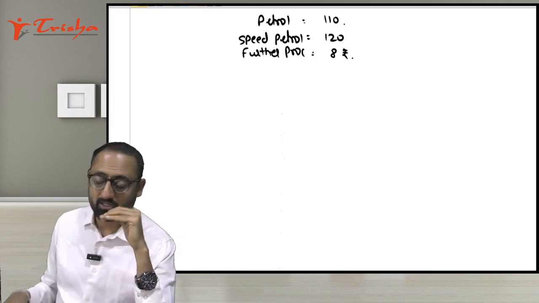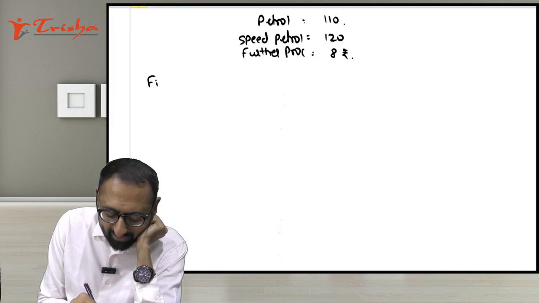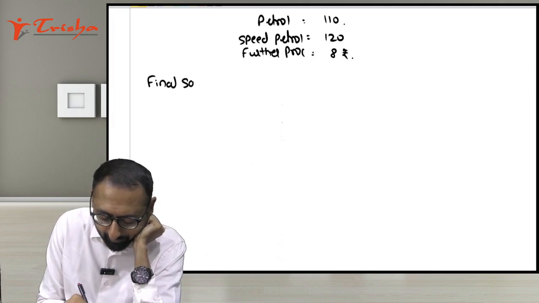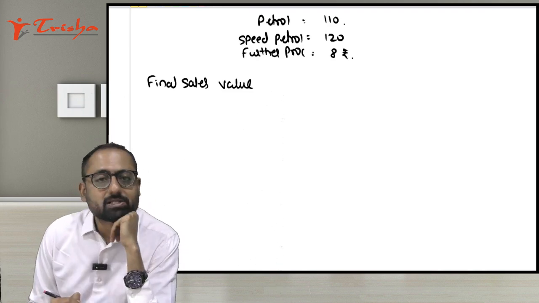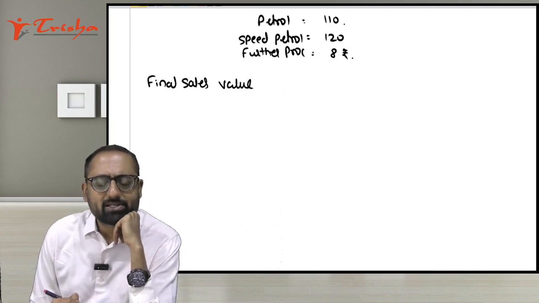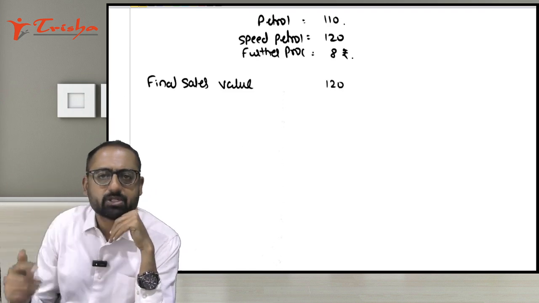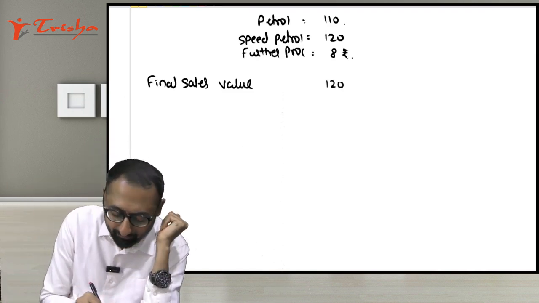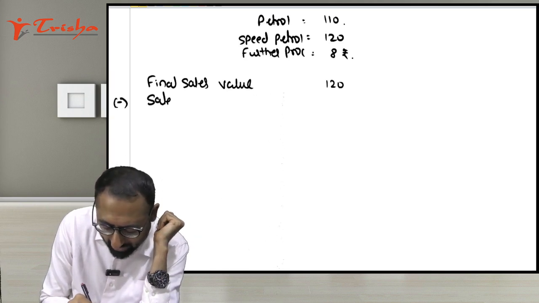So remember, sir, the further processing decision. Here you have to take the final sales value. Final sales value means after further processing, how much is your sales value? So 120. From that, you have to deduct the sales value at split off.